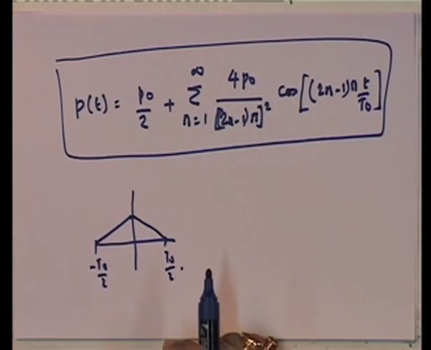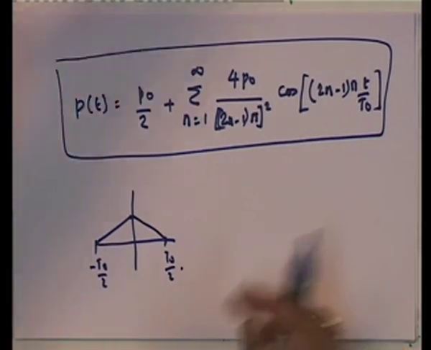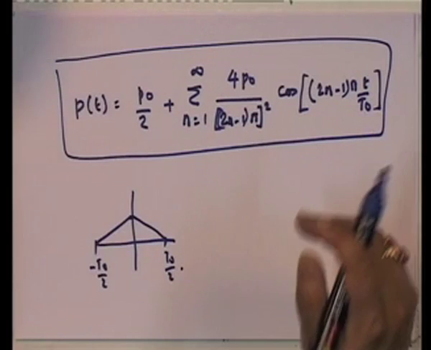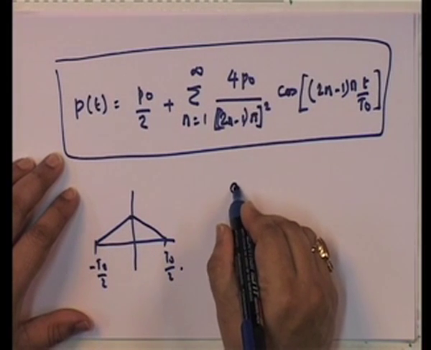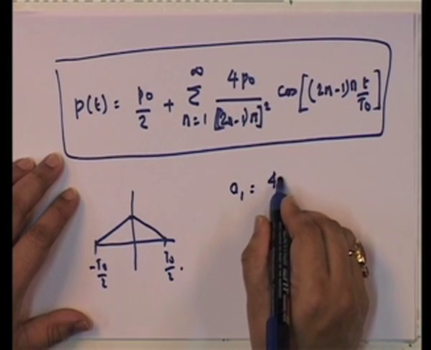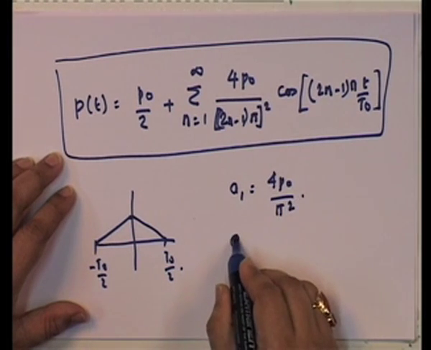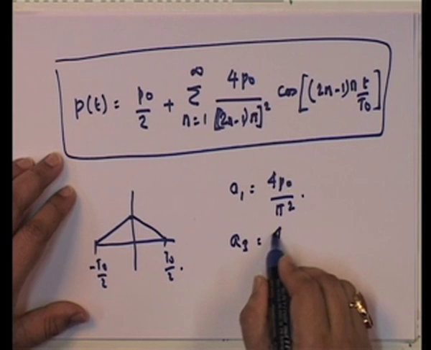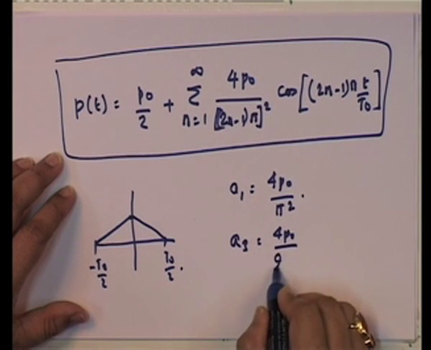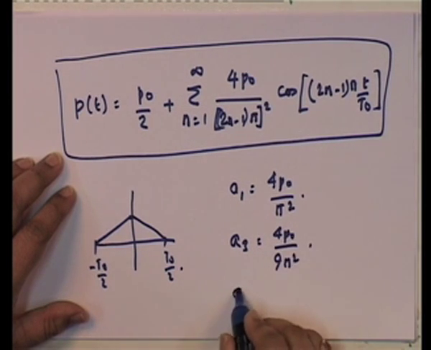And note something very interesting, and that is that A1 was 4 p 0 upon pi squared. A3 is equal to 4 p 0 upon 9 pi squared.